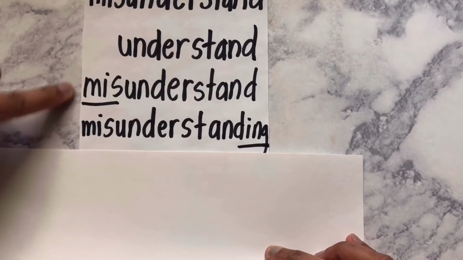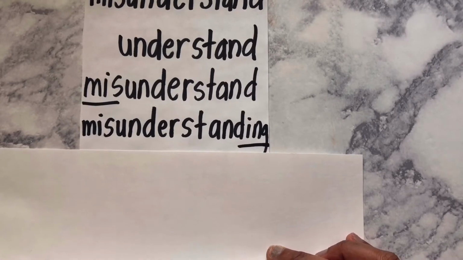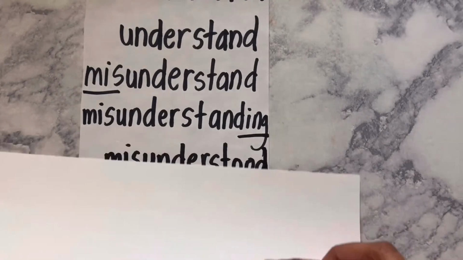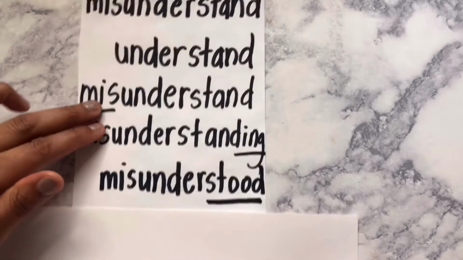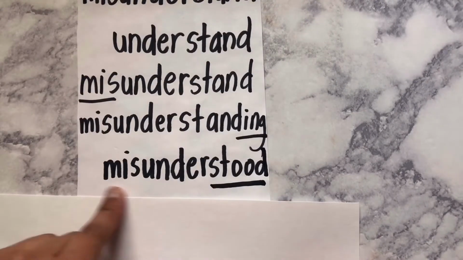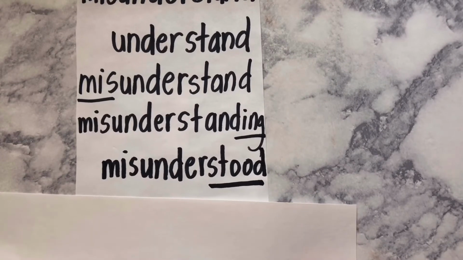So mis is not, misunderstanding is that a conversation or something must have been a misunderstanding, that we're not understanding what is going on. And we can also change our base word up here to the past and say misunderstood. So something that already happened.